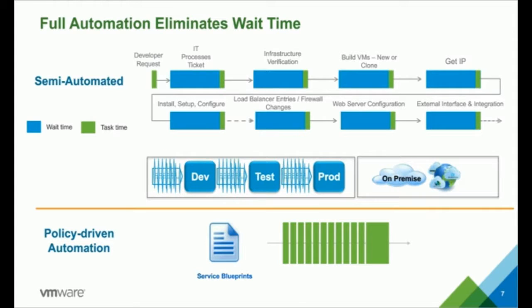Well, traditional operating models are based on the coordination between multiple teams, which involves the handoff of tasks, resulting in wait time. So as the enterprise grows and you have simultaneous process and explosive growth of requests, this can compound quickly. And on top of this, you must repeat this process multiple times across environments. A better approach is a policy-based automated delivery process by using blueprints that models and streamlines the process, eliminating wait time.